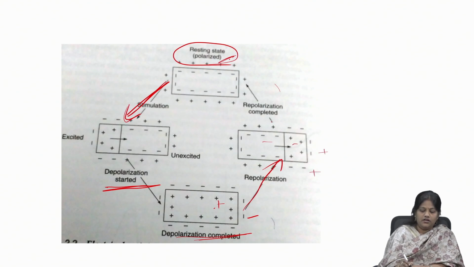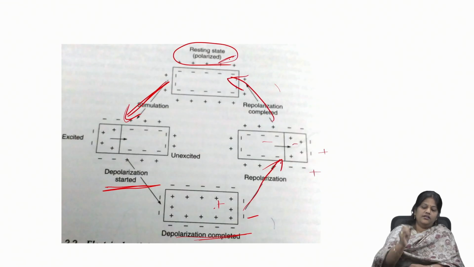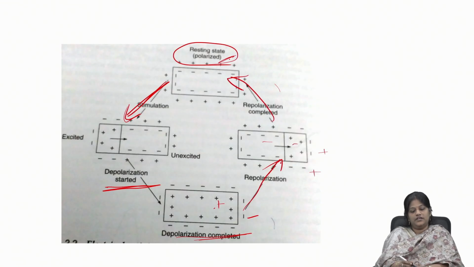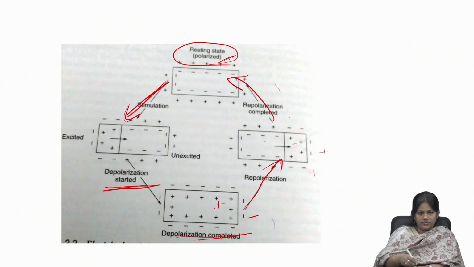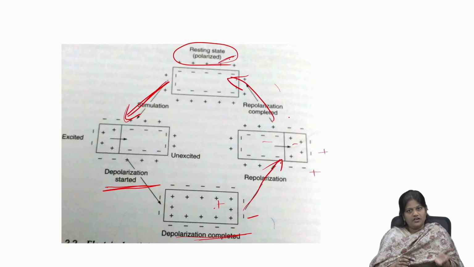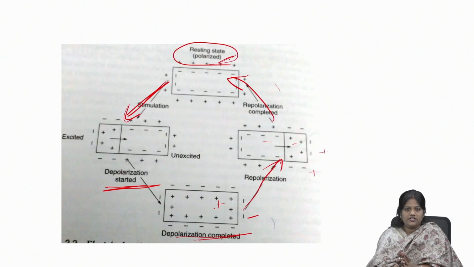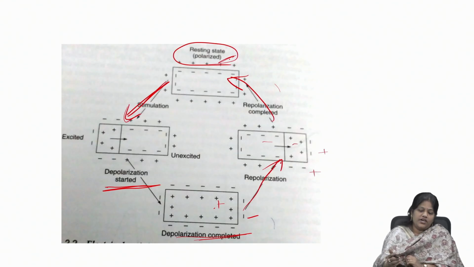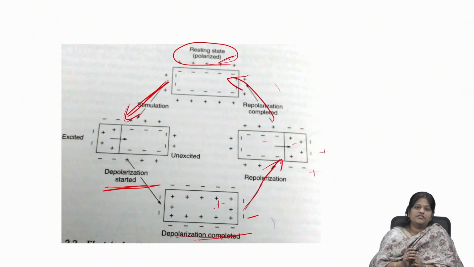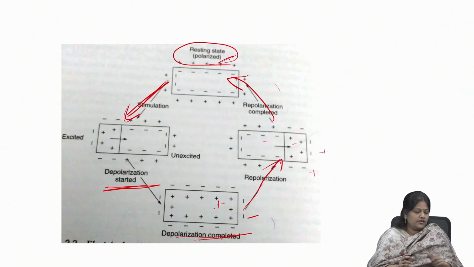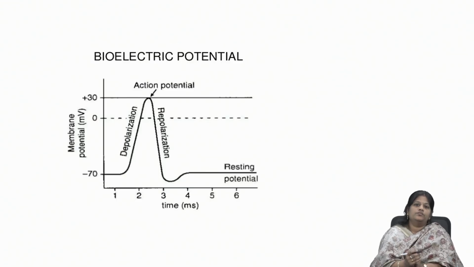Slowly it will start; here it started and now it has ended. So it's a cyclic process: resting potential, action potential, polarization, depolarization, then repolarization. Likewise these actions take place inside the cells of the human body.